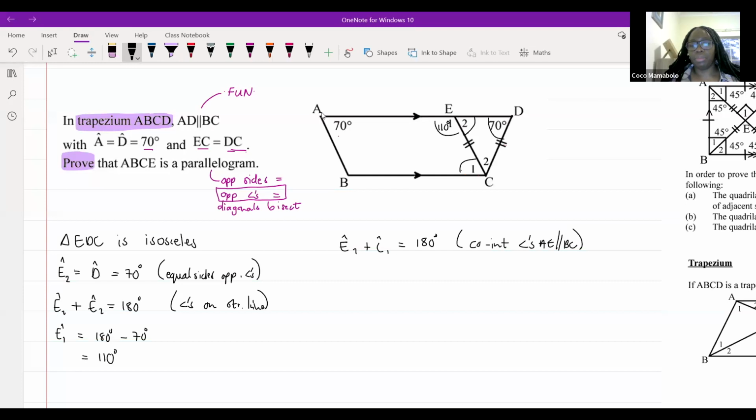Then we can work out what C1 is equal to. C1 is equal to 180 minus 110 degrees. Therefore, C1 is equal to 70 degrees. Now we know that C1 is equal to 70 degrees. What do we notice? Does anybody see it?